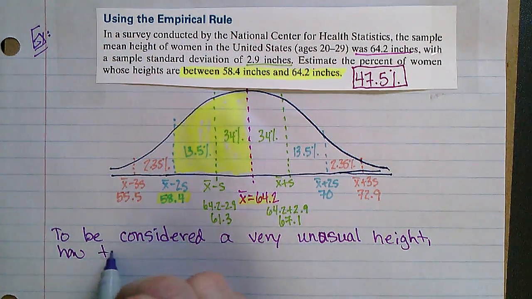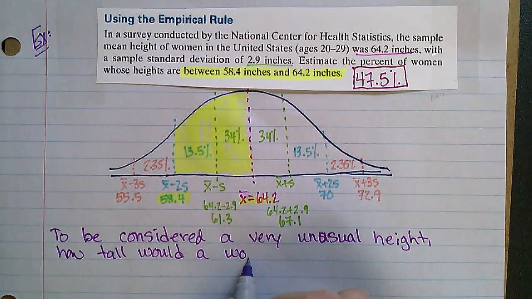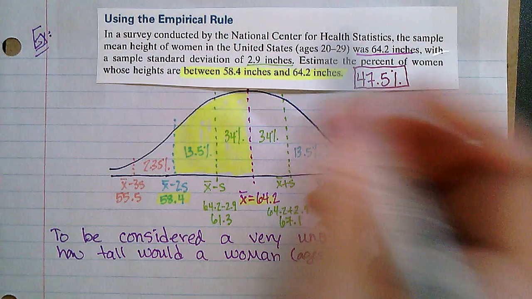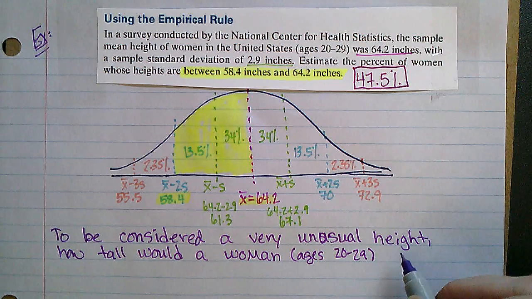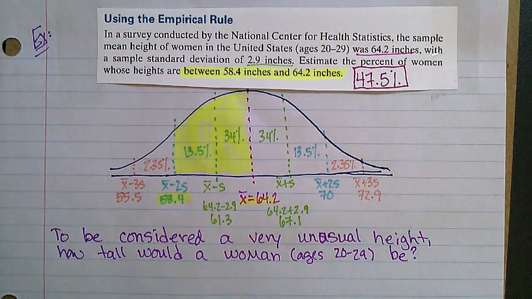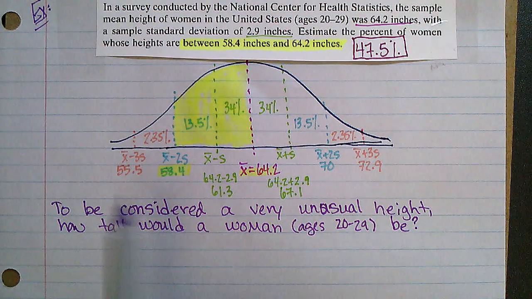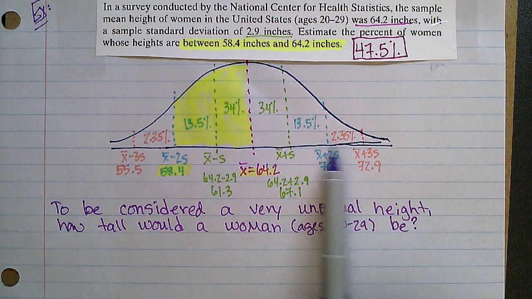How tall would a woman, of course, age 20 to 29 in the United States, be if they were considered very unusual? Well, very unusual is more than 3 standard deviations from the mean. So we go out 3 standard deviations.